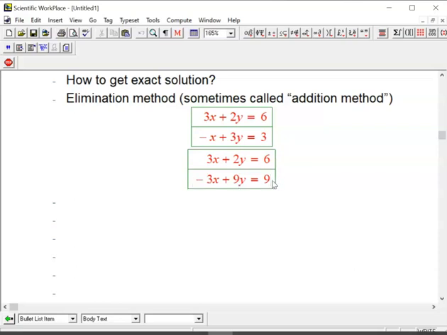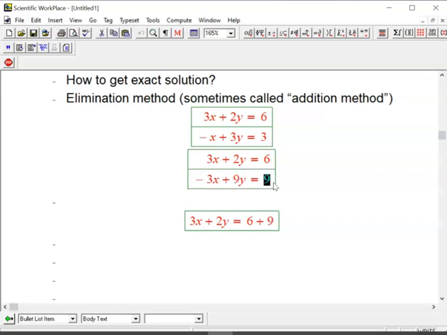And then the more sophisticated thing to do is that I'm going to add the left-hand sides and add the right-hand sides. The reason that's legal is it's really the same thing I just said. If I think of this as the equation that I'm manipulating, I can definitely add 9 to both sides of the equation. But here's the thing: this is 9 written in a much more complicated looking way.